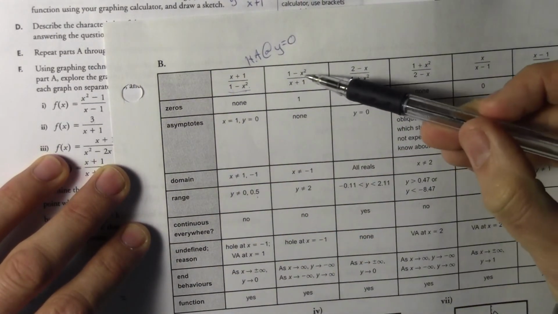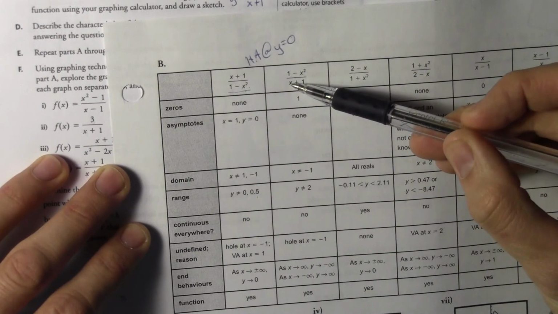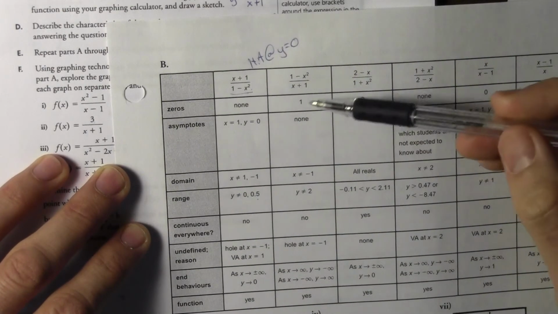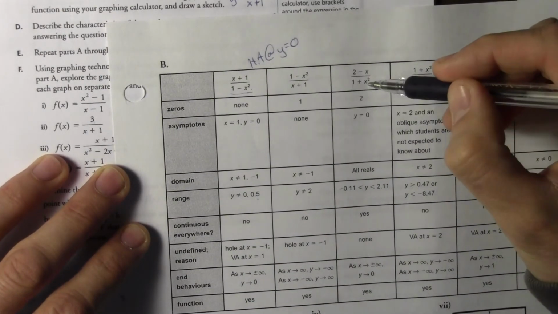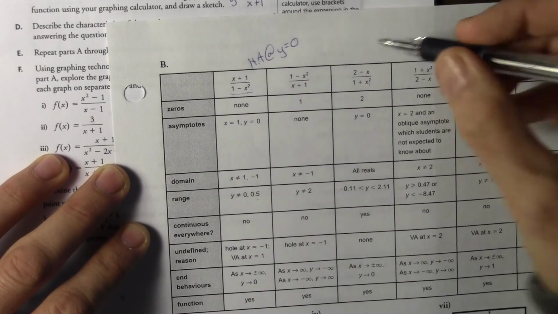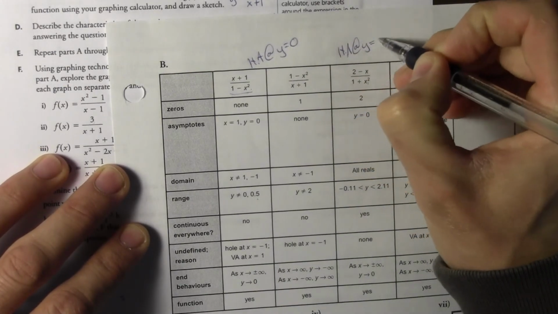Okay? Here we have the degree of the numerator higher than the denominator, so we don't have a horizontal asymptote at y equals 0. Here again, we have the degree of the denominator higher than the numerator. We have a horizontal asymptote at y equals 0.